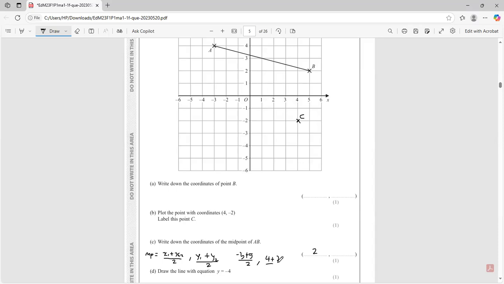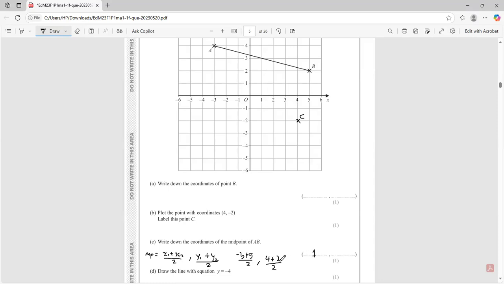Hold on a minute. I forgot to divide by 2. My bad. That was a mistake. -3 plus 5 is 2, and 2 divided by 2 is 1.